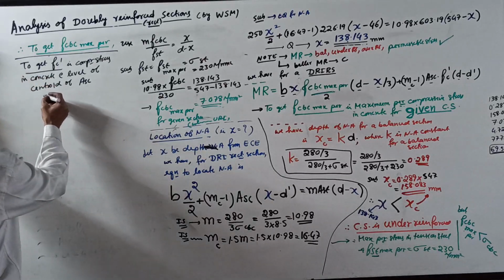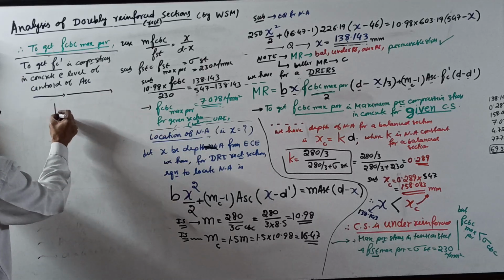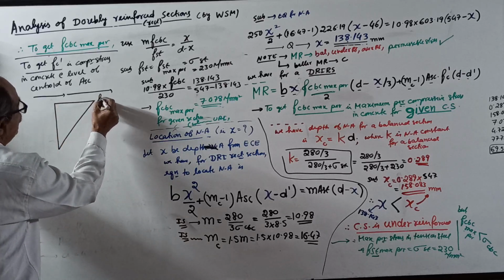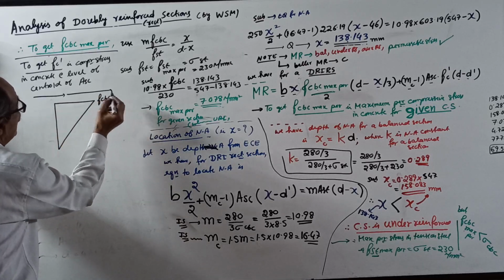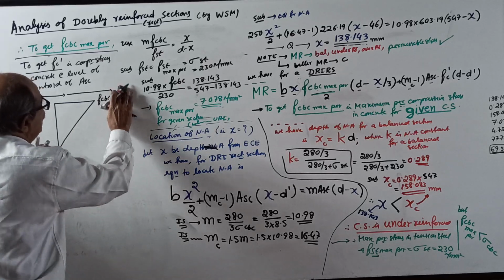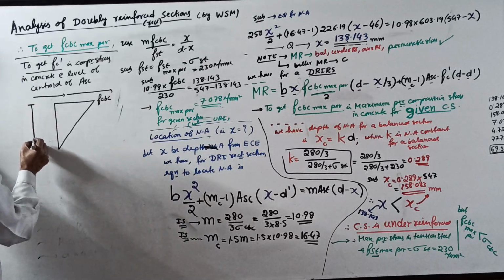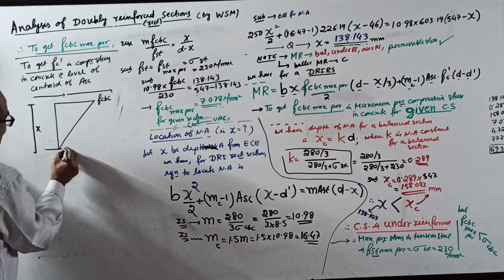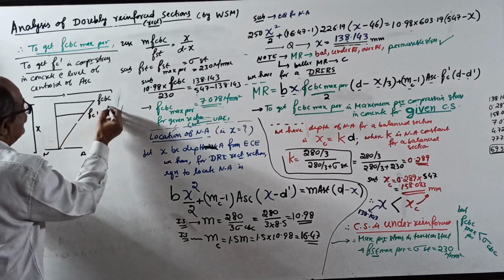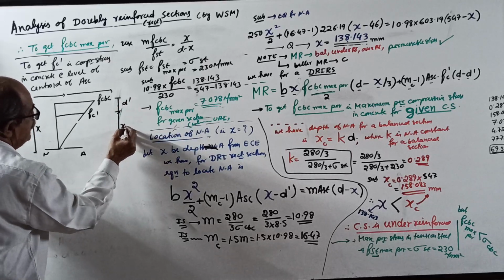For that, consider the compressive stress diagram. Upper side now, because it is a sagging beam. This is your FCBC, which you already calculated. This is your X, neutral axis. This is your FC dash. This is D dash. This is X minus D dash.